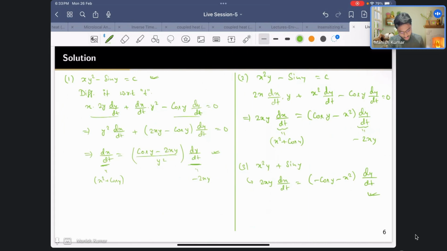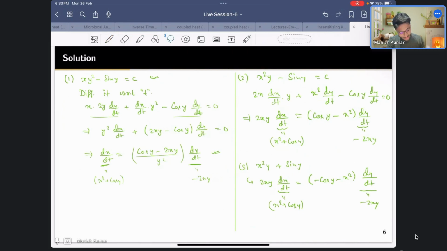Correct? So this option is right, because here you got minus, here if you put minus 2xy, and here it would be x square plus cos y. You can clearly see the equality. So the third option is correct.